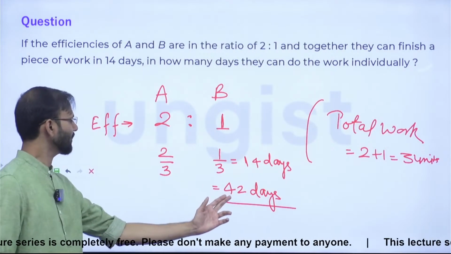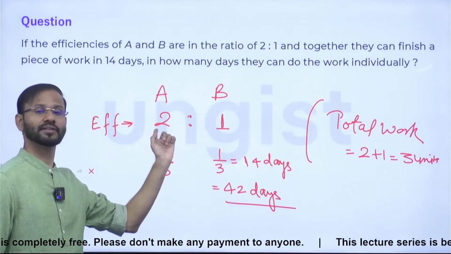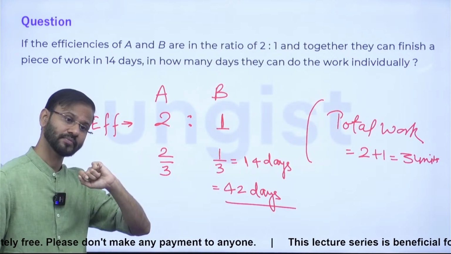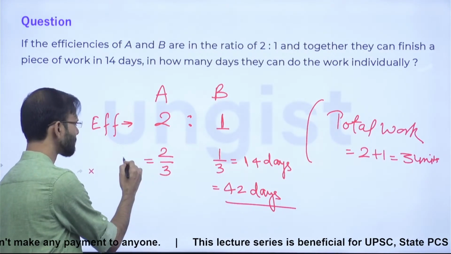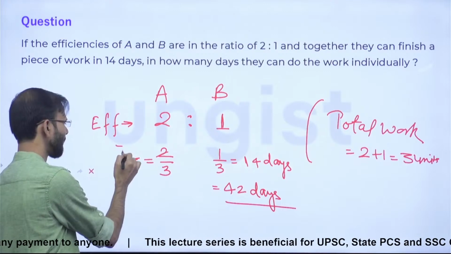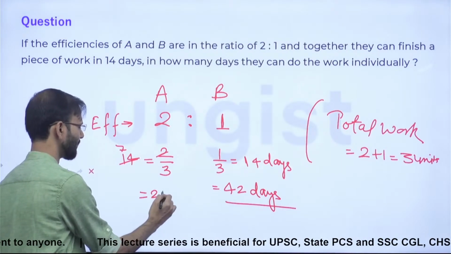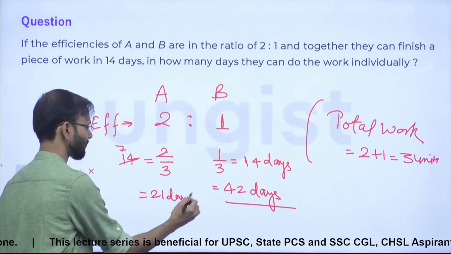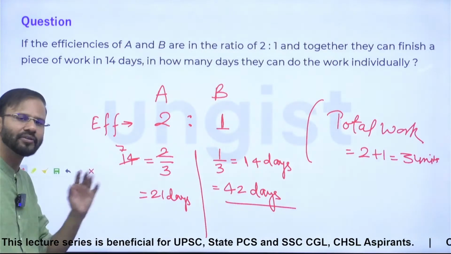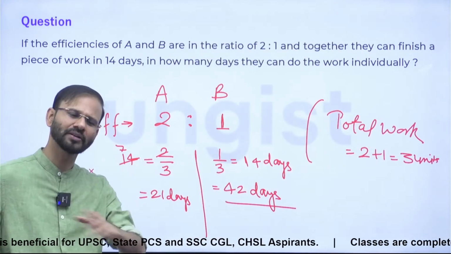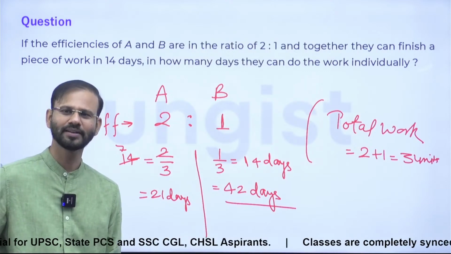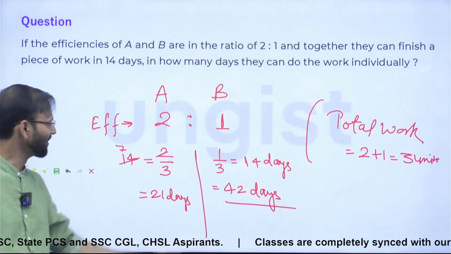And since A is double efficient, so he will take half the time. So the answer has to be 21, or you can verify this also. Right? 21. Guys, yes or no? Getting it, everyone? Right? So just by looking at the question, thinking about it, solve. Right? Do it, please.